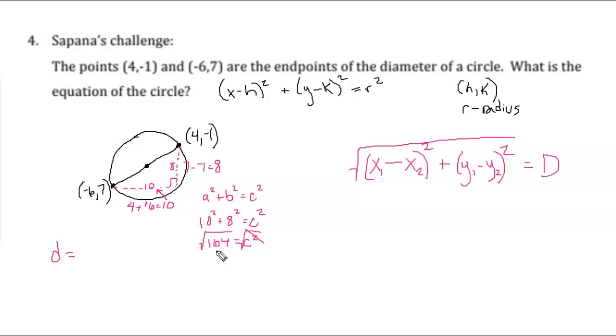So I'm pretty sure 164 will divide by 4, so I'm going to try to divide it by 4. And in fact, it is 4 times 41. So remember, if we can find two factors where one of them is a perfect square, we can reduce the square root. So the diameter is going to be 2 times the square root of 41.